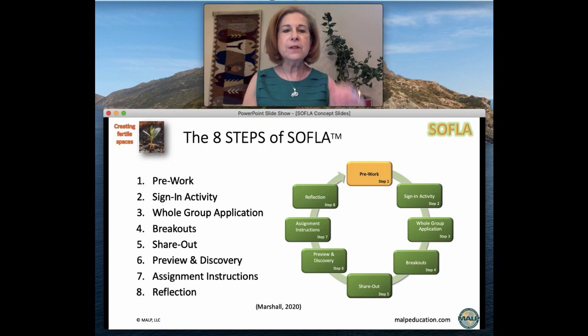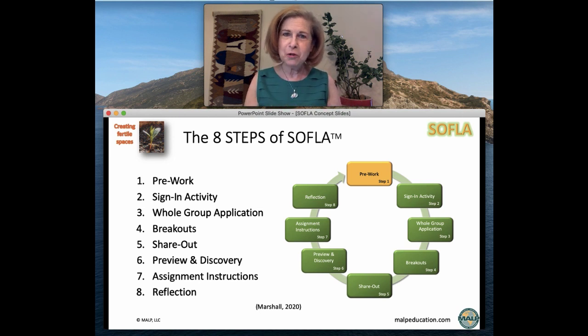So this list of steps, why 8? Well, each step has a job to do, and they link to each other in sequence. Not only that, but they're a cycle, so that we start with the pre-work and move through the cycle and start again with the pre-work.